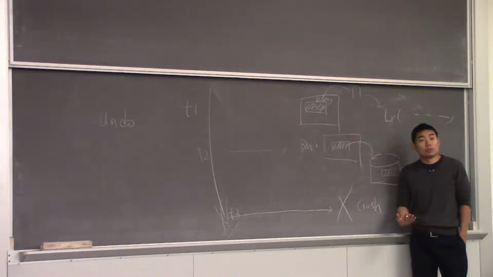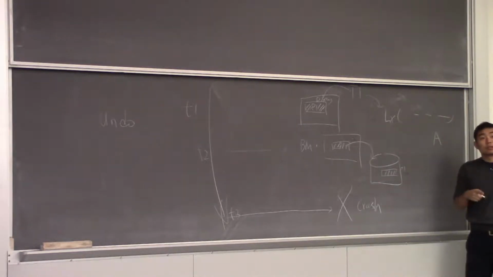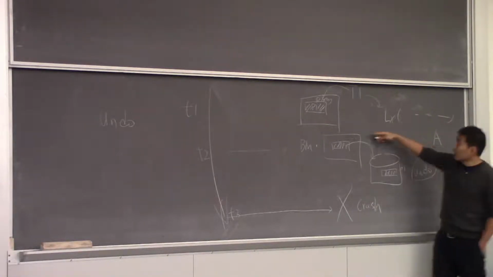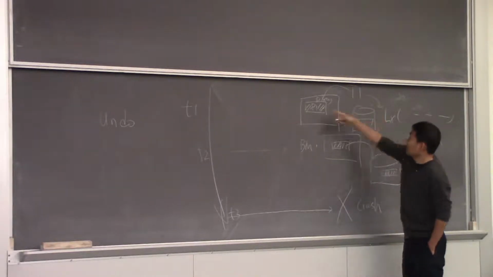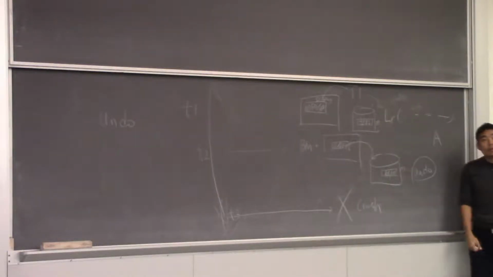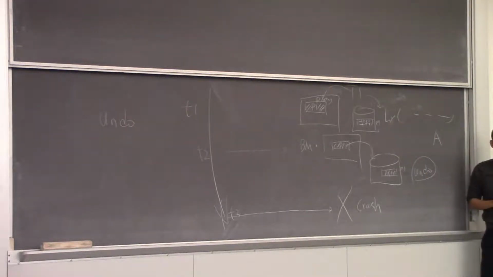What do you need to do? Well, due to the atomicity requirement, you need to undo this change. Let's say at this point the image of P1 on disk looks like that. You know what? Too bad. You lose that forever.